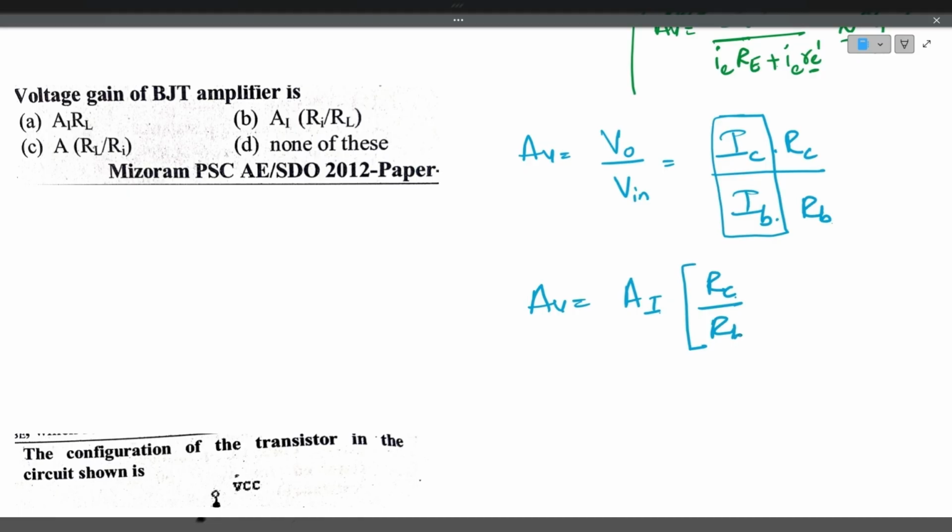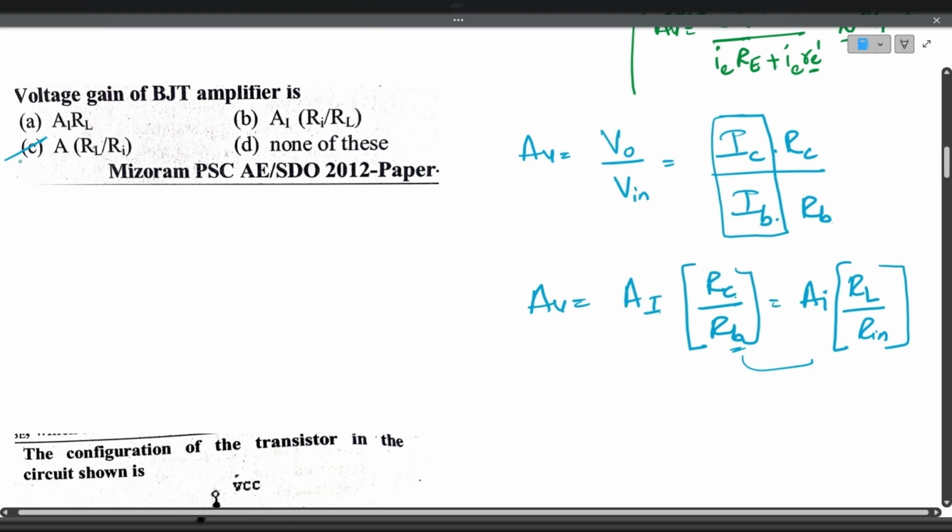The collector resistance can be written as load resistance, and the base resistance can be written as input resistance. So the answer is option C, current gain multiplied by RL divided by RI.